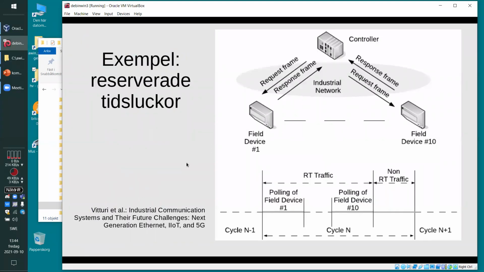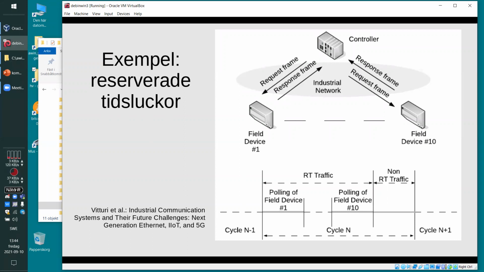So this is an example of some kind of combination, illustrating how you could design something. And this is a very common idea used both in wired and wireless traffic.